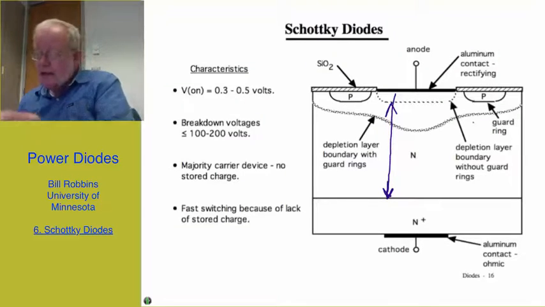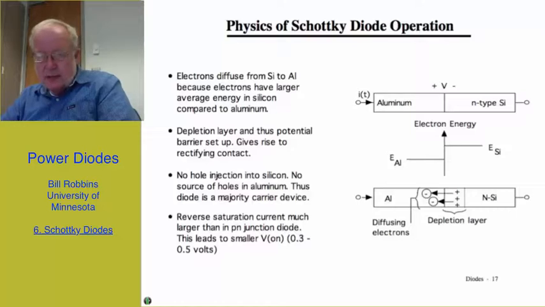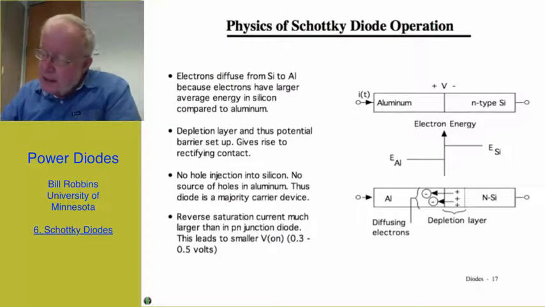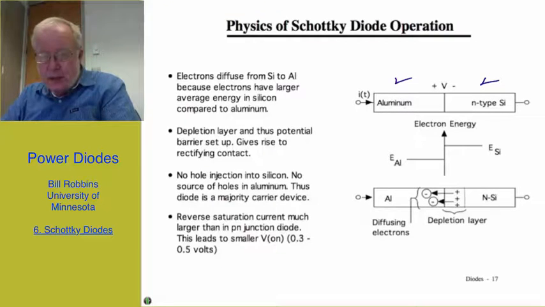Now, as to why that metallurgical junction forms a rectifying contact, here I've shown in the next slide a simple picture of that interface. Here is aluminum. Here is the N-type silicon. The average free electron energy, that is the conduction electrons, in the N-type silicon have a higher average energy than the electrons in the aluminum.